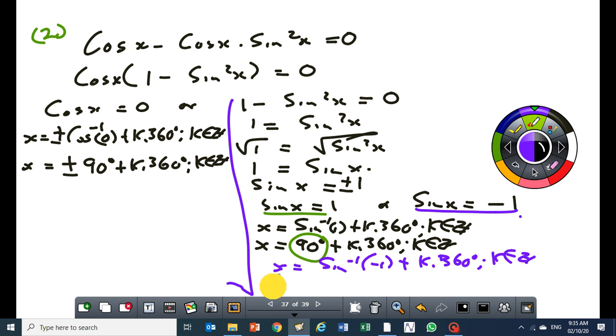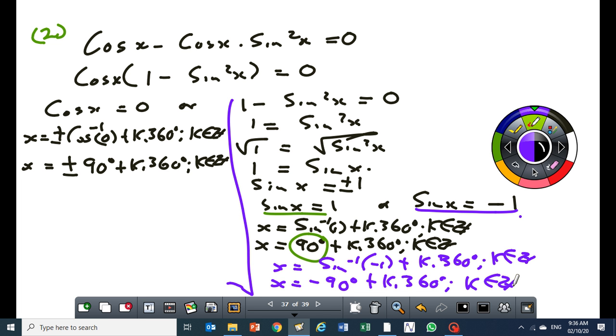So you end up having x equal to minus 90 degrees plus k times 360 degrees, where k is an element of z. Now, do you see that this 90 and that minus 90, we can combine them and end up having this? So we can just take this one here as our general solution for both of them.